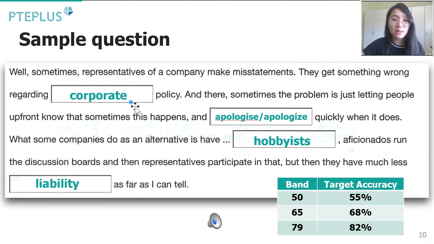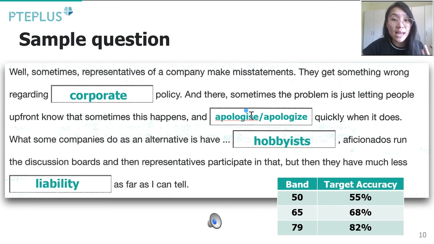The second thing is that the word corporate, compared to its pronunciation, is a little bit trickier to spell. So if you're not sure about the spelling for this word, now's the time to be accumulating that. You'll be seeing the word corporate or corporation everywhere. It's very common, and it's a very academic word as well. The next one that is tricky is the spelling for apologize.